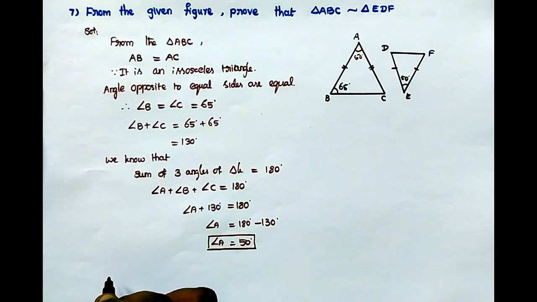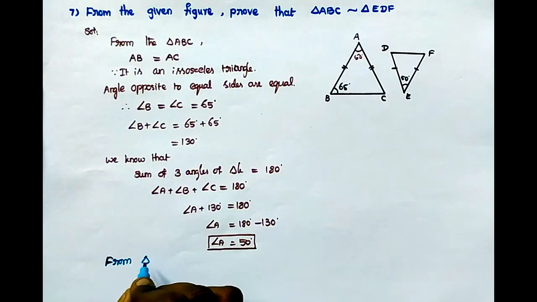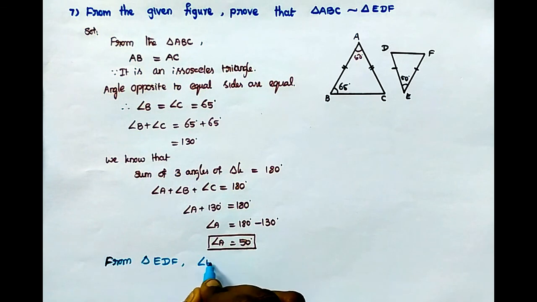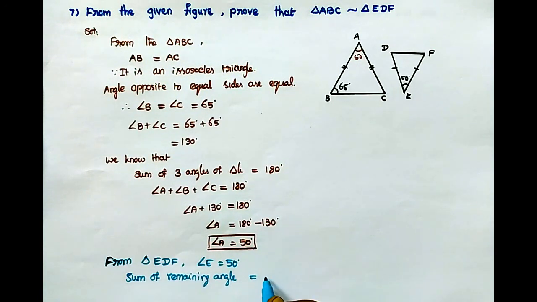Now from triangle EDF, angle E equal to 50 degree. So sum of remaining angles equal to 180 degree minus 50 degree, that is equal to 130 degree.